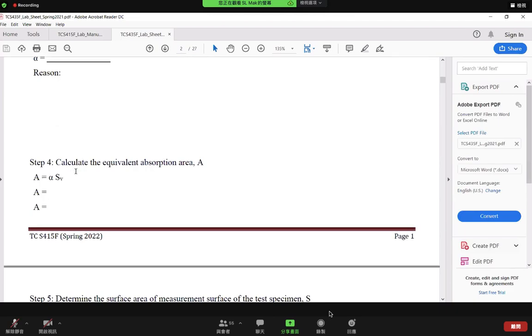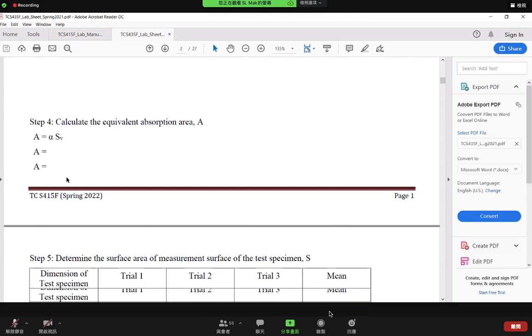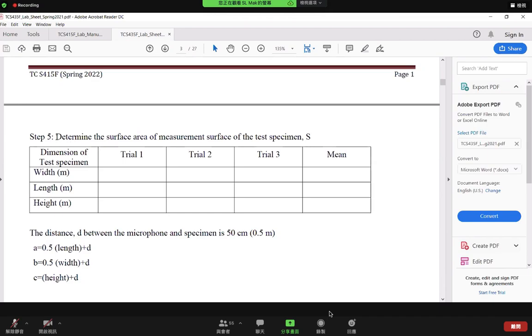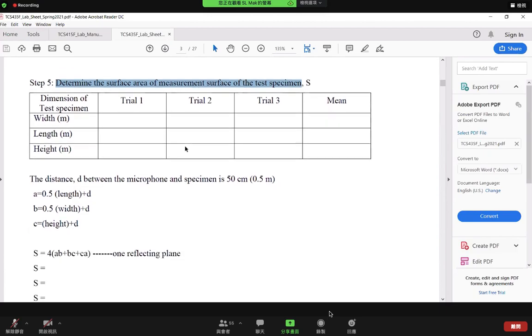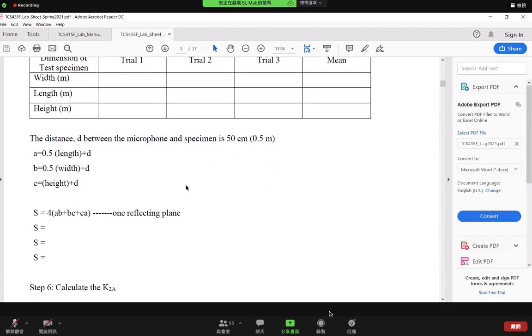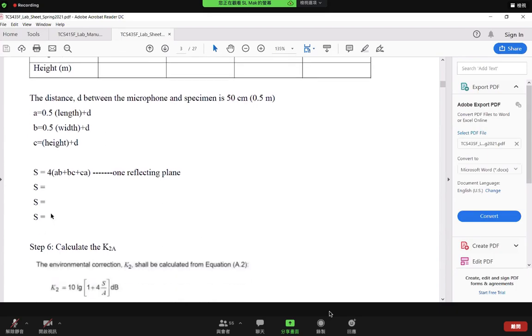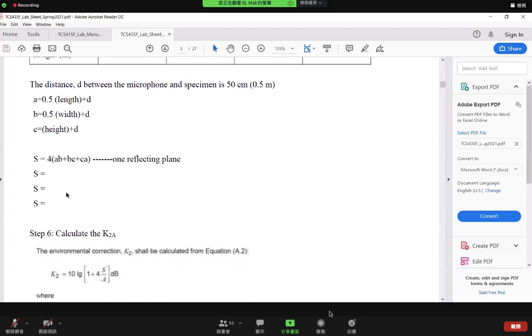Then calculate the equivalent absorbing area A, just alpha times SV, the surface area of the acoustic room. And then determine the surface area of the test specimen. I will provide a toy. You are required to calculate its surface area. There are some equations for how to calculate it.